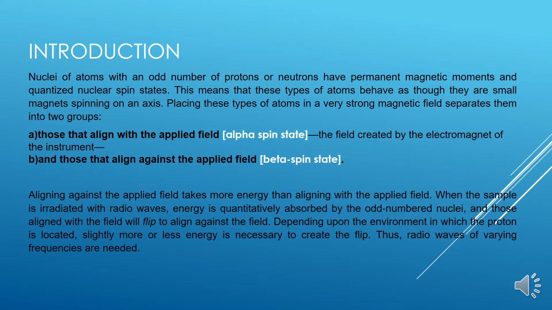The first is aligned with the applied field, the field created by the electromagnet of the instrument; that is the alpha spin state. Those aligned against the applied field are in the beta spin state, which takes more energy than aligning with the field.